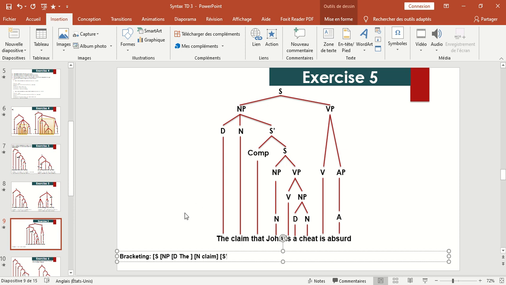S bar. Inside it we have a complementizer, which is "that." Then we close it and we have a sentence. Inside it we have a noun phrase. Inside the noun phrase we have just one noun, which is "John." We close the noun, we close the noun phrase, we open the verb phrase.